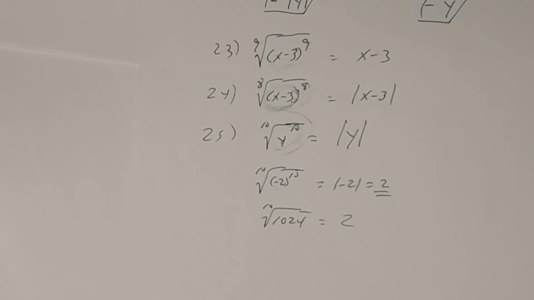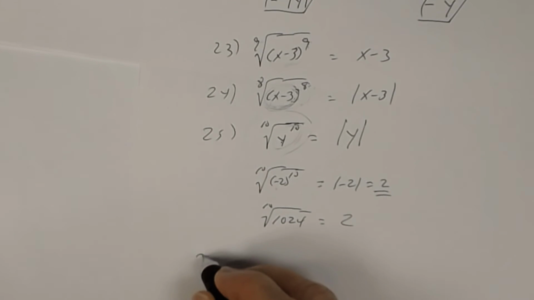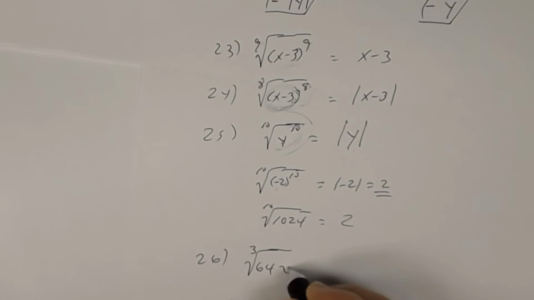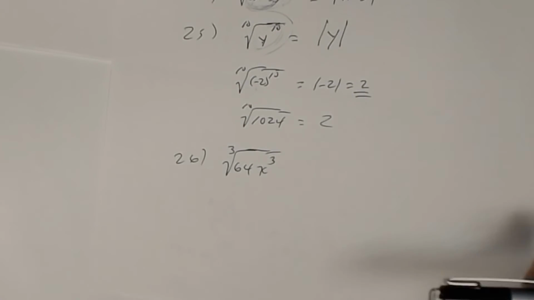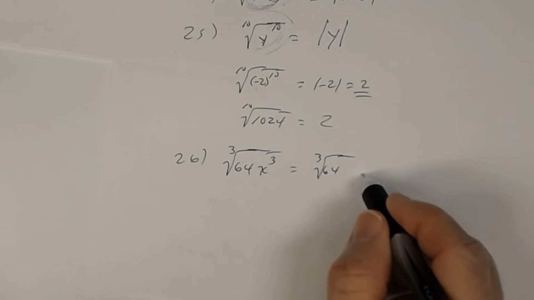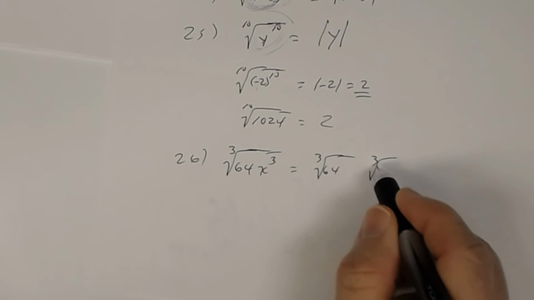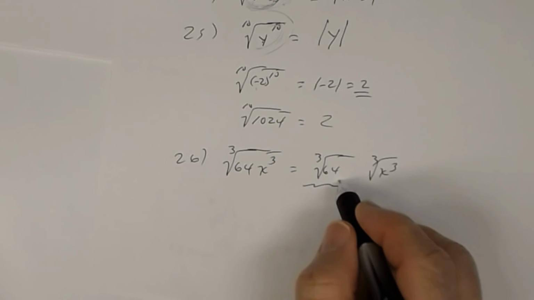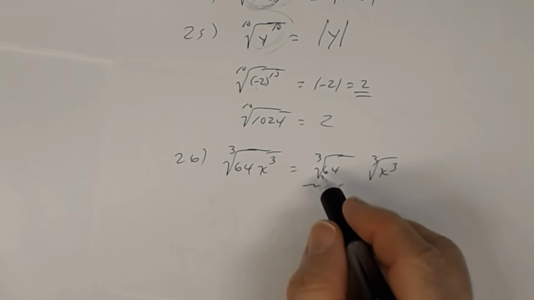All right, now let's try this one. Suppose we had the cube root of 64x cubed. Well, we know that can be written as the cube root of 64, using the product rule, times the cube root of x cubed. Well, the cube root of 64, what times itself 3 times is 64, right?